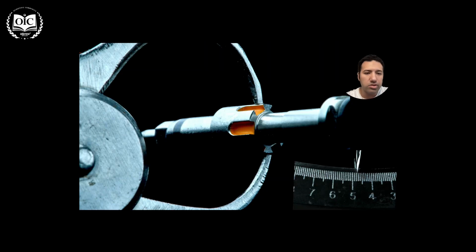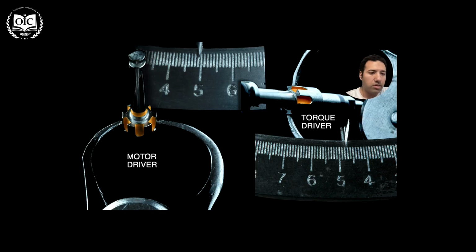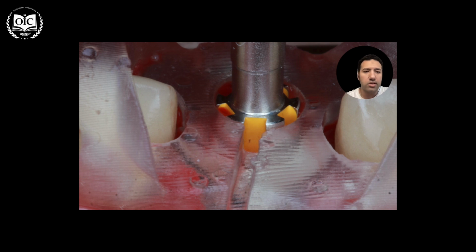So when you measure this, you're going to find it a 4.8 or 4.7 millimeter rather than a full 5 millimeter. 5 millimeter is the handpiece driven and 4.8 is the hand driven.